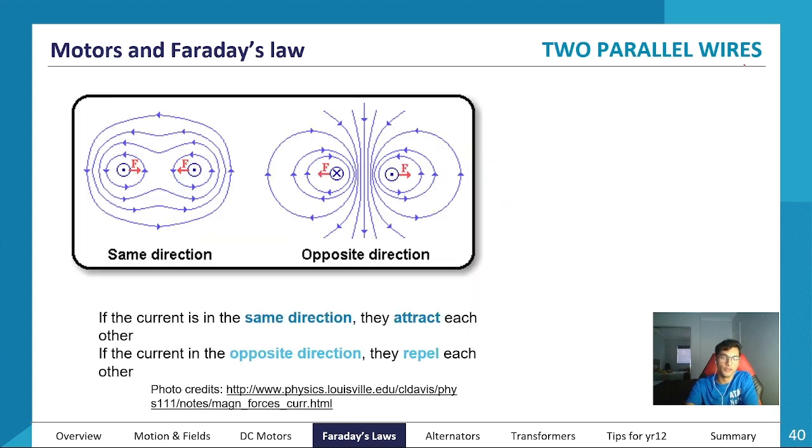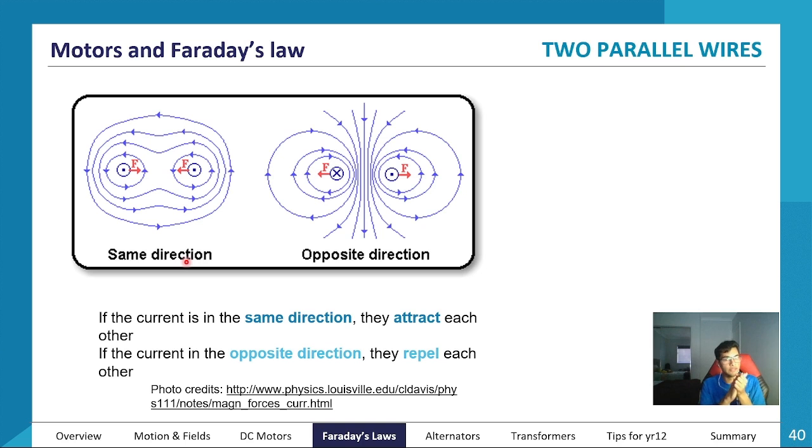But we want to know, is the magnetic field attracting the two wires, or is it repelling the two wires? If we have two copper wires and the current is traveling in the same direction, the two wires will attract one another and come together.